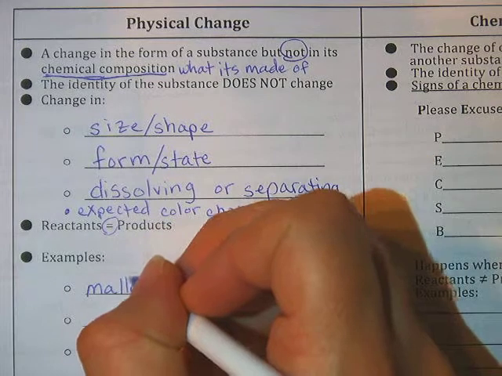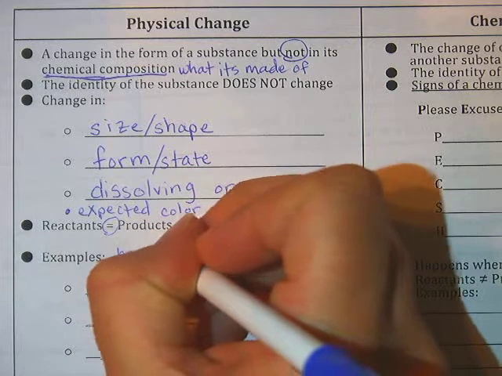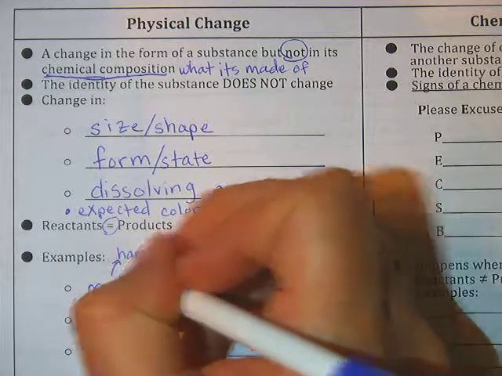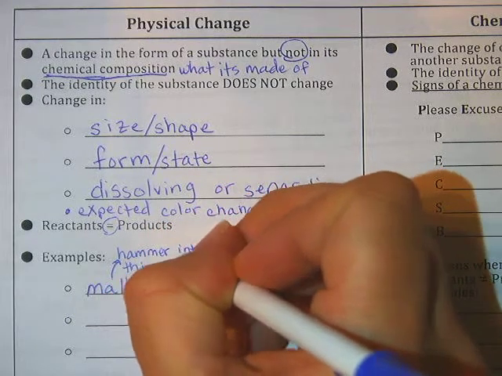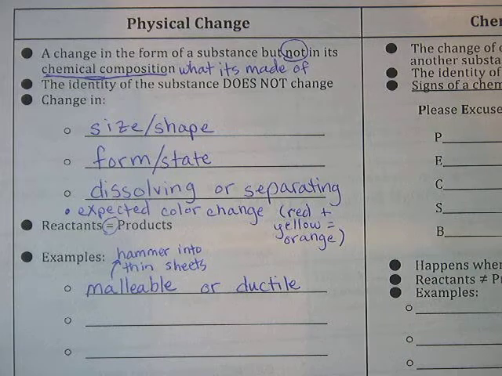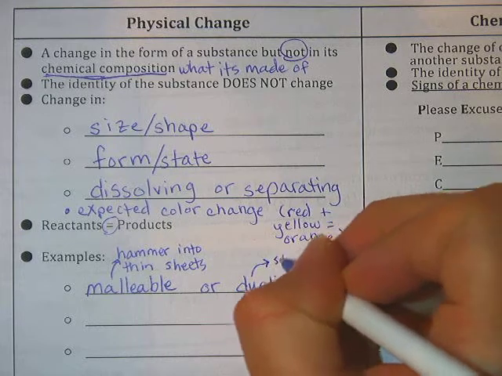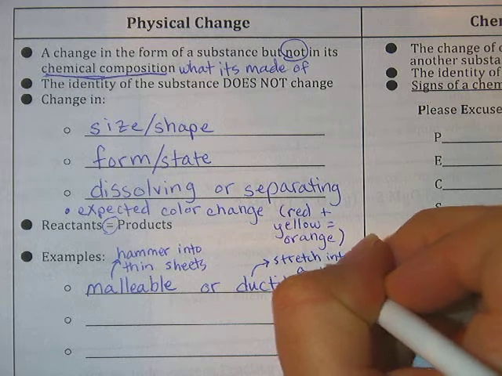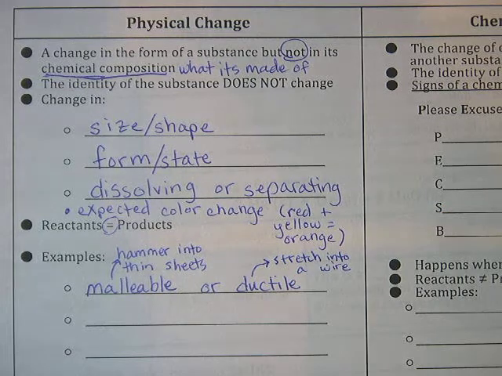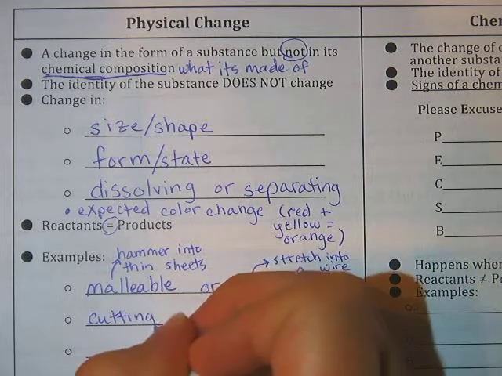Specifically, it means you can hammer it into thin sheets, but it tends to get an alternate definition of just being something you can reshape however you want. Ductile means you can stretch it into a wire. Other ways you can change size and shape would be like cutting, slicing, or breaking.